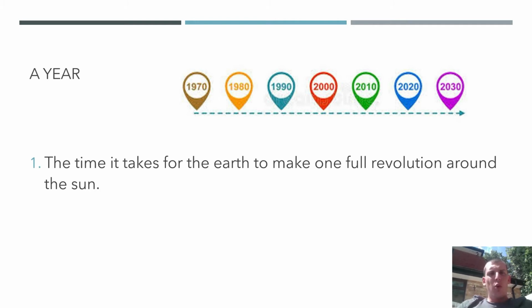So, let's start with a year. What is a year? A year is the time it takes for the Earth to make one full revolution around the sun. Now, we've had many, many years. In most of your lifetimes, you've had 2020, and that's about it. If you're 10, you would have had 2010, but that's it.